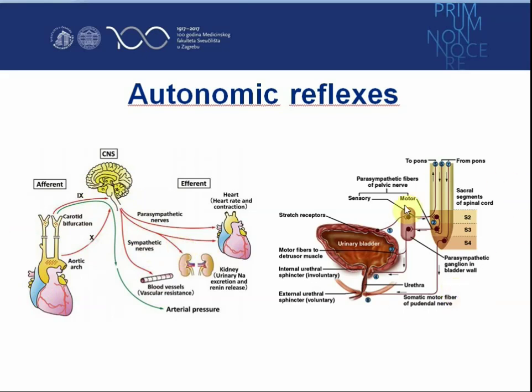Some autonomic reflexes are typical executive reflexes, such as, for instance, bladder emptying. Stretch receptors in the bladder are triggered by its filling and transmit impulses via the afferent nerves in the composition of the so-called pelvic splanchnic nerves towards the S2 to S4 segments, where they stimulate efferent parasympathetic neurons, which via the same nerves induce bladder emptying.